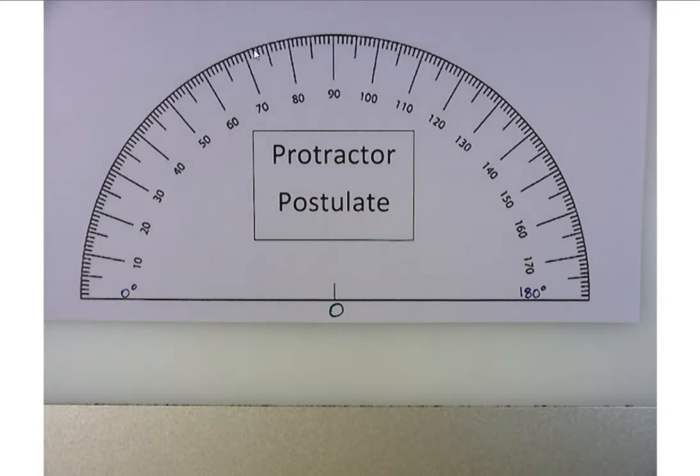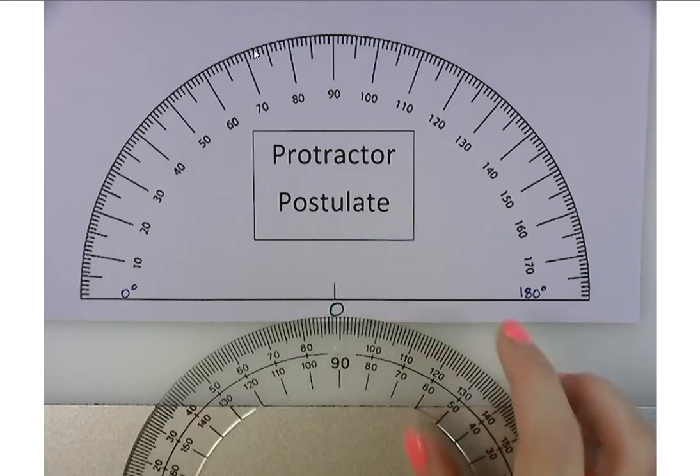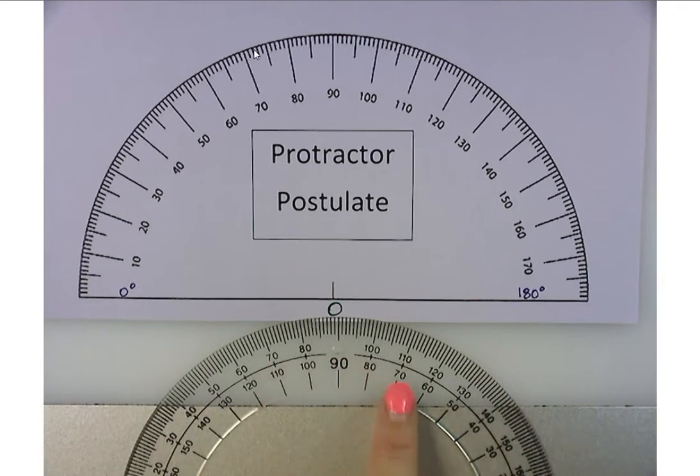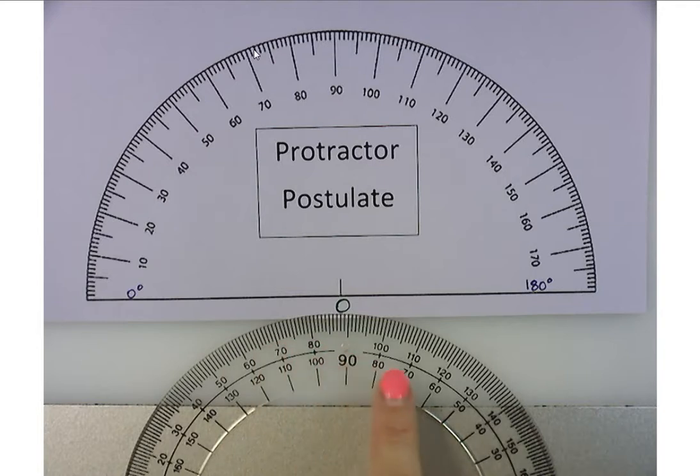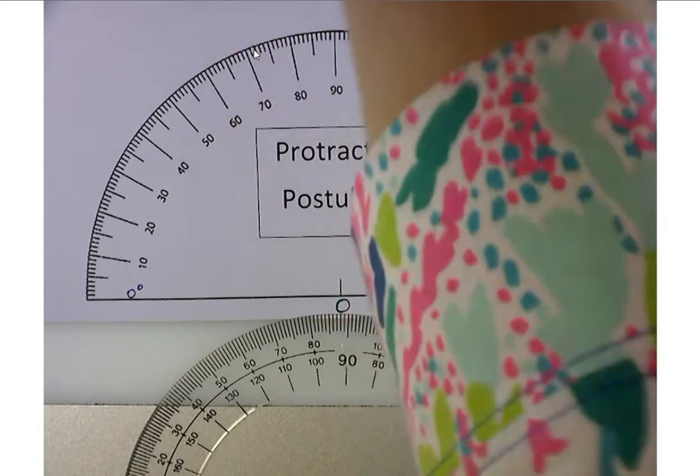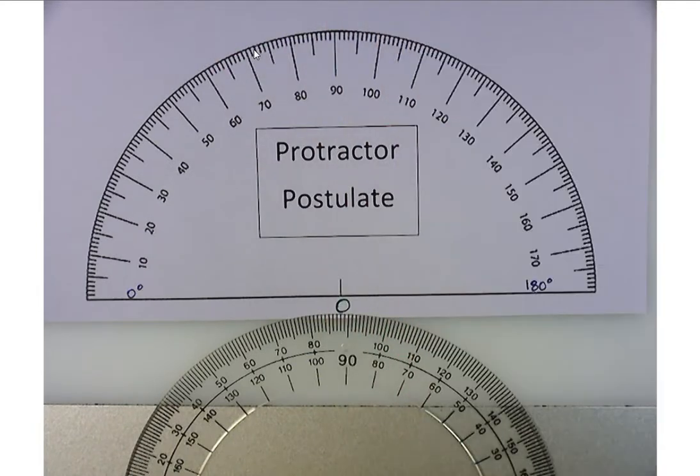Now, if you look at most protractors, what you're going to see is a double layer. See how I have numbers on the top and numbers on the bottom? So we're just going to label a couple of these numbers. We are not going to label all of them.